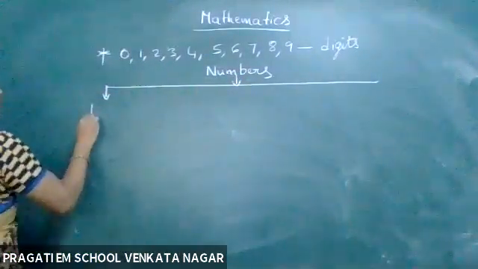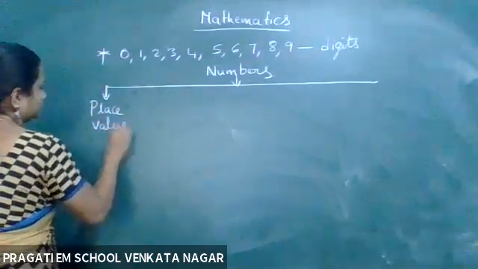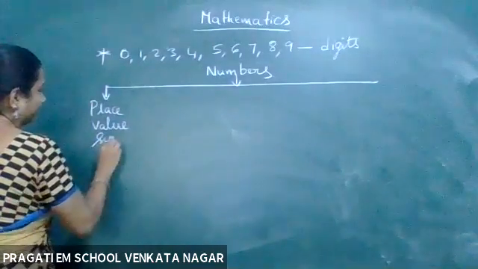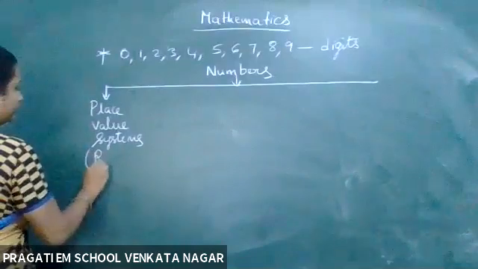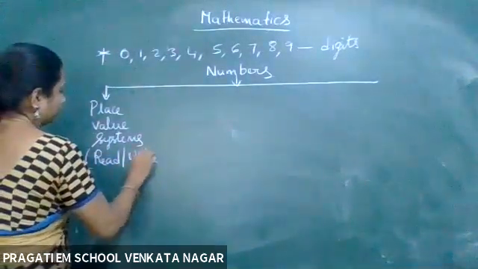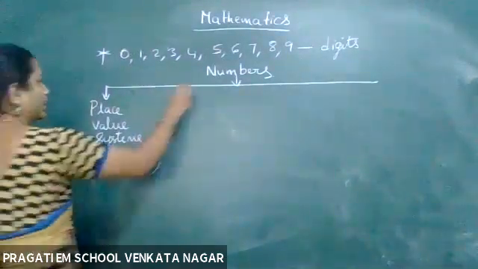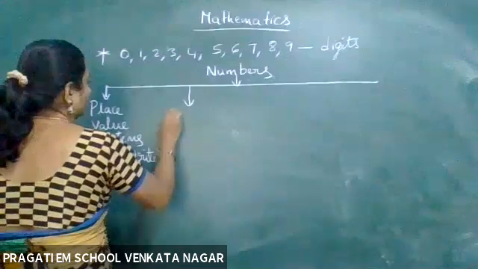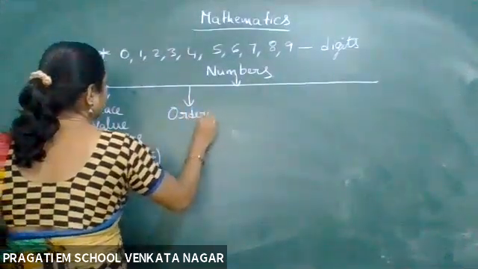First one is place value systems, in which you are going to read and write. Next you have ordering of numbers.